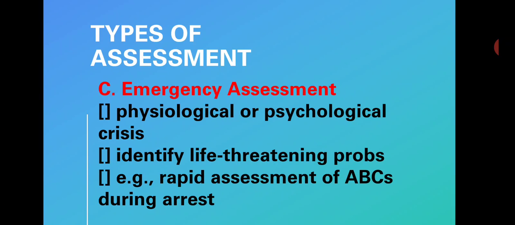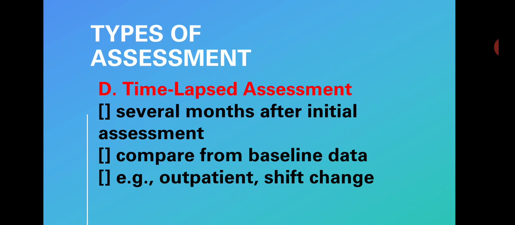You palpate the carotid pulse, or the brachial pulse for a pediatric client, to check for the presence of circulation, or in short, you are checking the pulse of the client. So it is a rapid assessment of ABC during arrest. So that's emergency assessment.